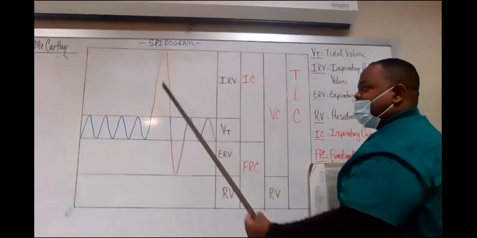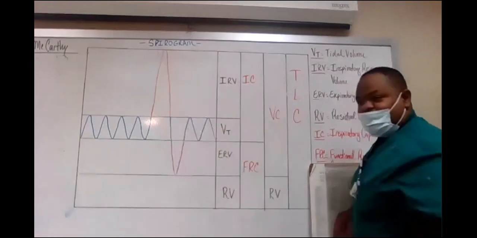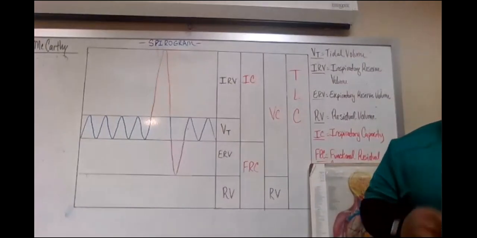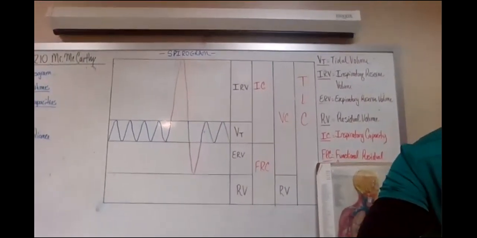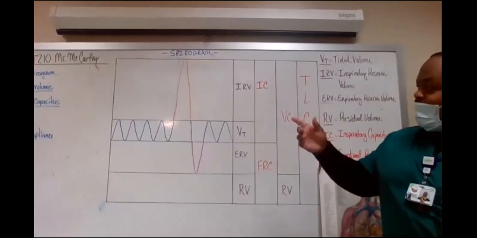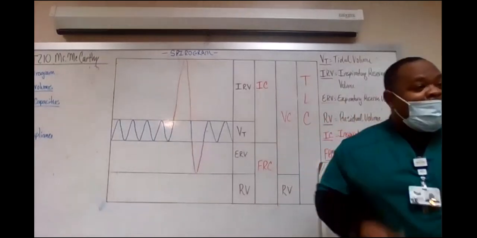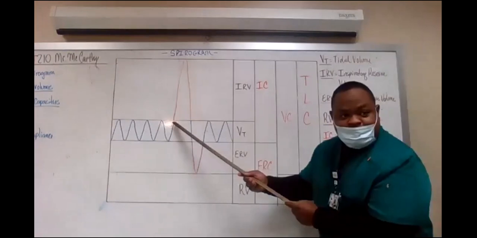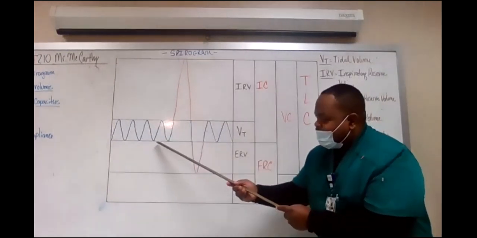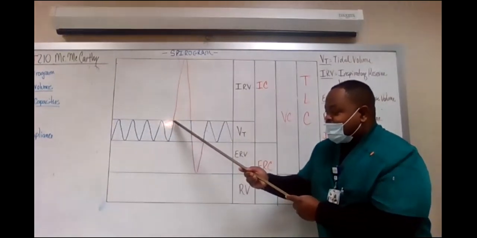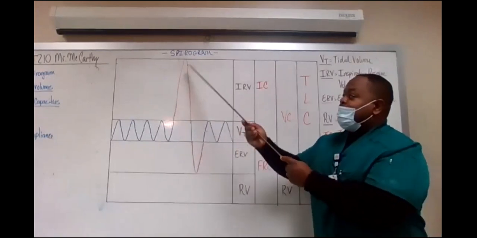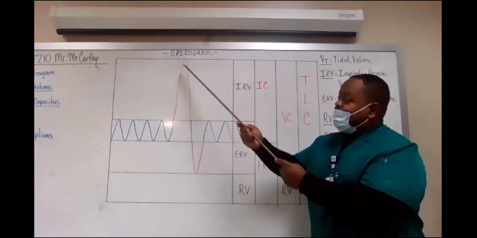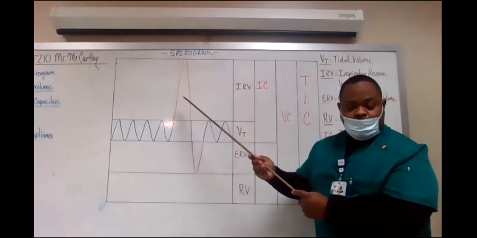From here to here is my IRV, inspiratory reserve volume. It's the amount of gas that I can inhale after a quiet inhalation, right? This is in, this is out. After a quiet inhalation, I continue to inhale. That amount that I can get right there is my IRV, okay?